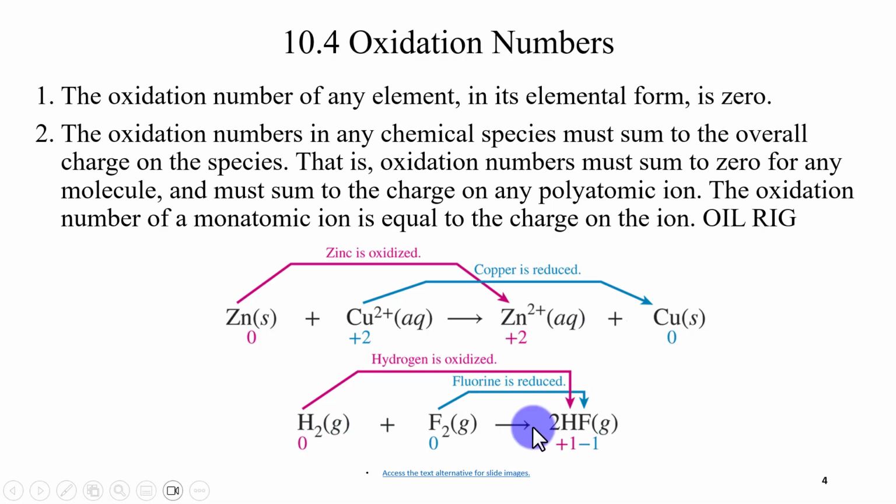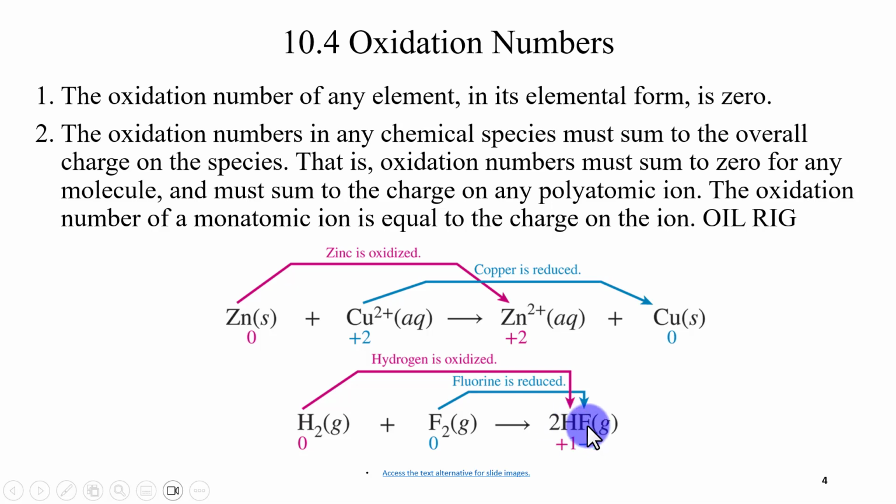Let's look at this reaction here. I have hydrogen gas and fluorine gas giving me hydrogen fluoride. Well, hydrogen gas appears like it does in the periodic table, in its elemental form. Even though it's a diatomic molecule, it's still its elemental form, and it has an oxidation number of 0. The same thing can be said for fluorine, so its oxidation number here is 0.